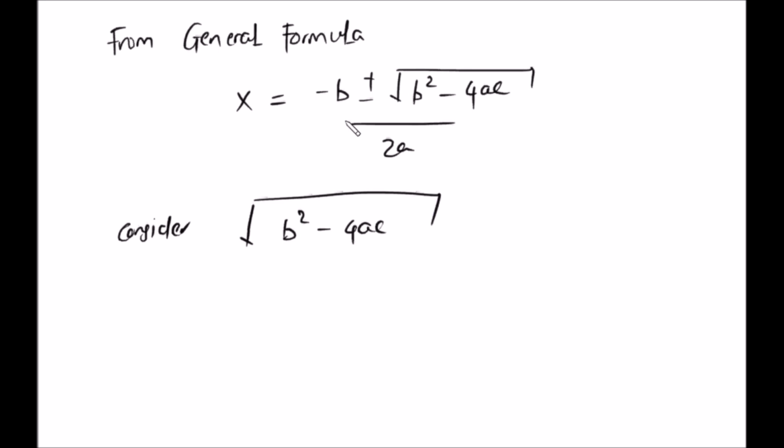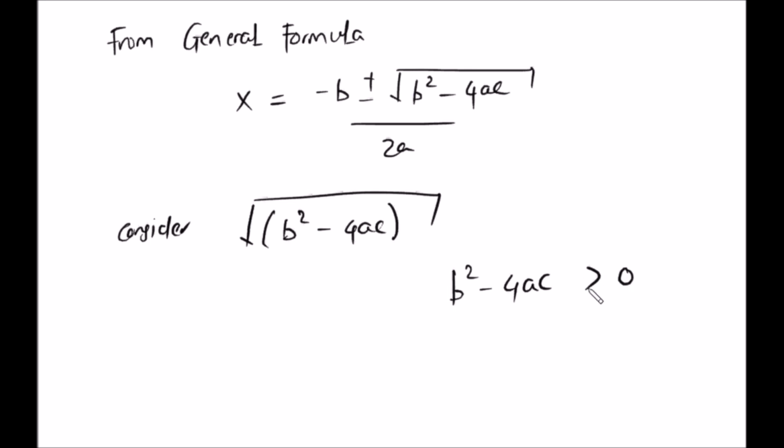Sasa ili root za quadratic ziwe real, manake humu ndani inabidi kuwe positive, kwa sababu kama tulivyotoka kujifunza square root of negative number italeta complex number. So ili root za quadratic function ziwe real, manake huyu aliyepo humu ndani, yani b squared minus 4ac should be nini? Positive.